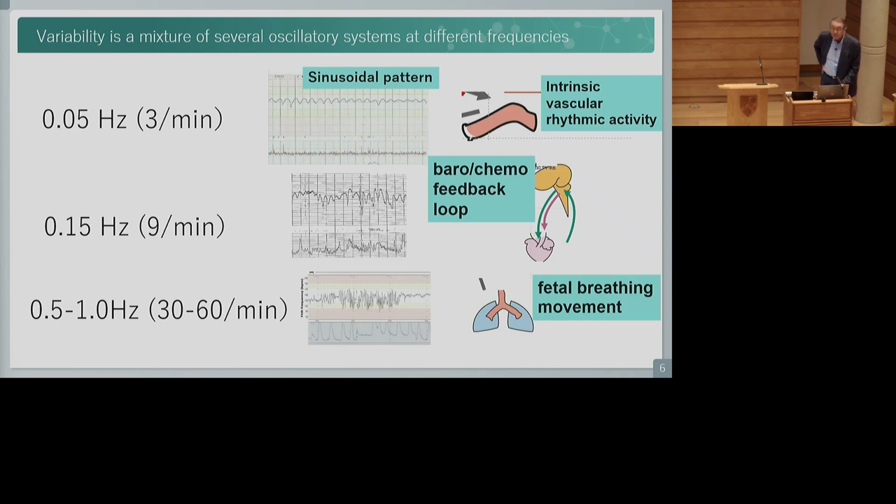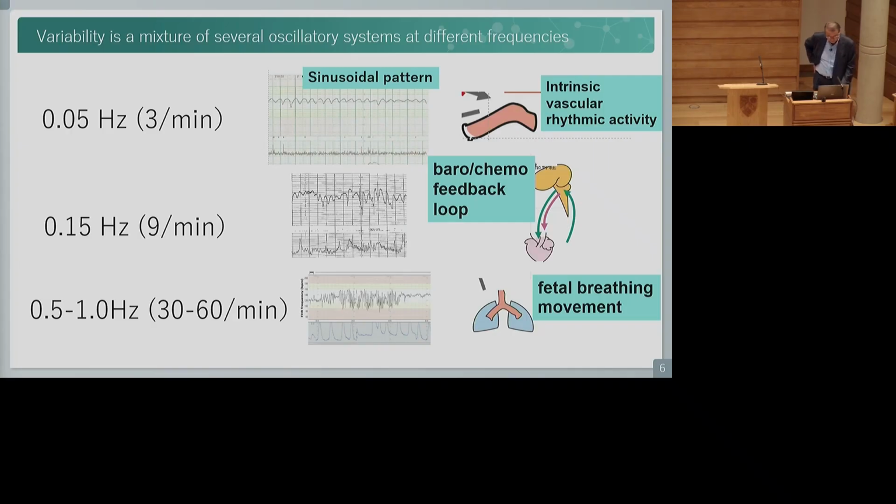What generates variability? Variability is actually a mixture of oscillatory systems operating at different frequencies. At approximately 0.05 Hz, there is intrinsic vascular rhythmic activity. At approximately 0.15 Hz, oscillations arise from baroreceptor or chemoreceptor feedback loops.